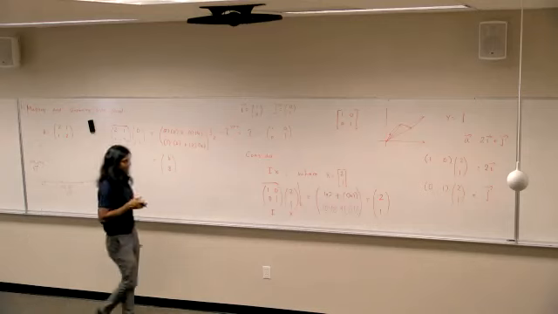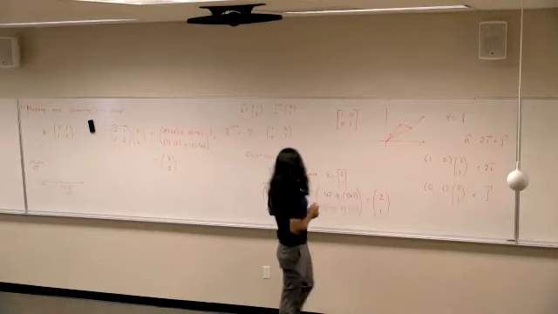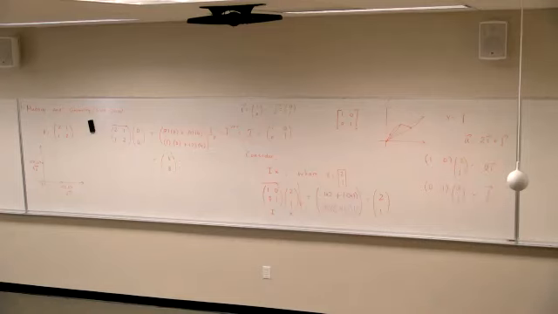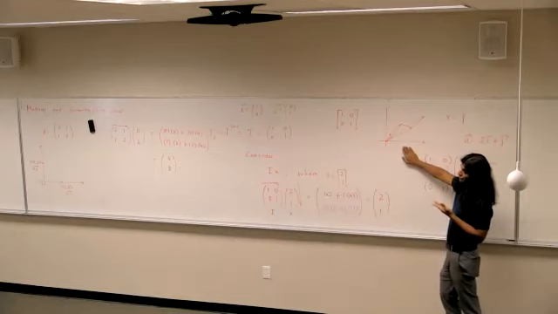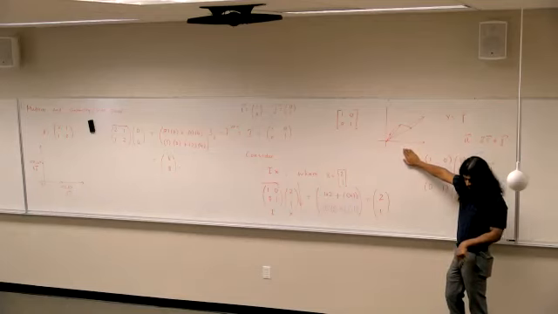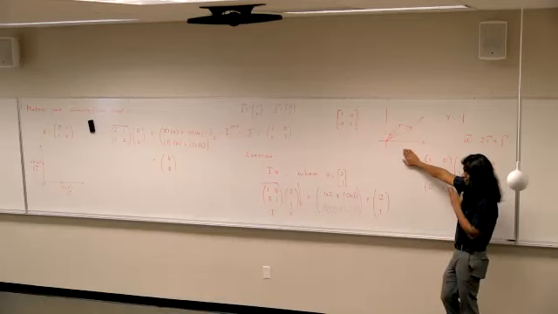4, 8 is on a line. I'll give you a hint. What line? I already went over this part. If you have a function, every single point on that function is a vector with the initial point at 0. That is a vector, and I'm going to tell you that vector is on a line.